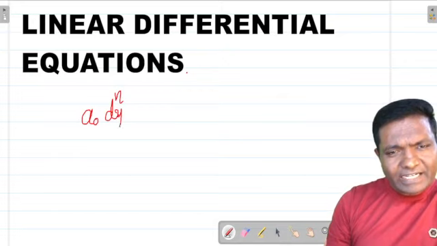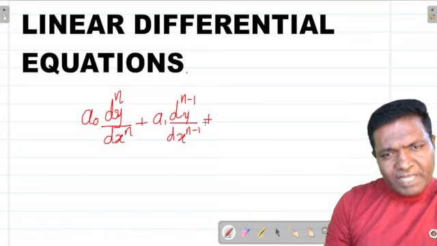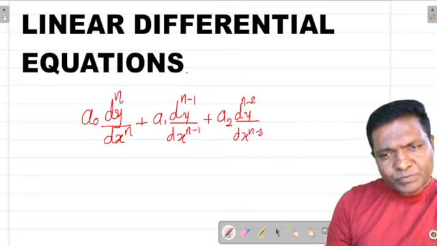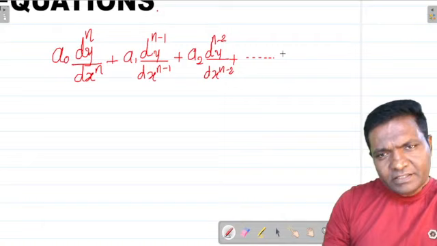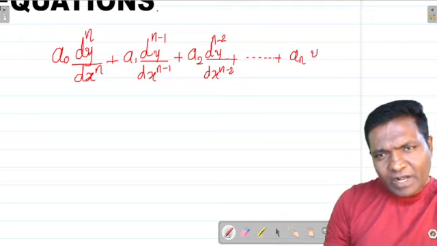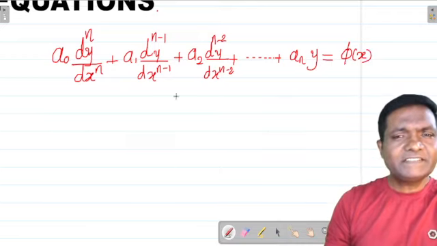So a naught d^n y by dx^n plus a1 d^(n-1) y by dx^(n-1) plus a2 d^(n-2) y by dx^(n-2) plus so on, plus an y is equal to some function of x, say phi of x.